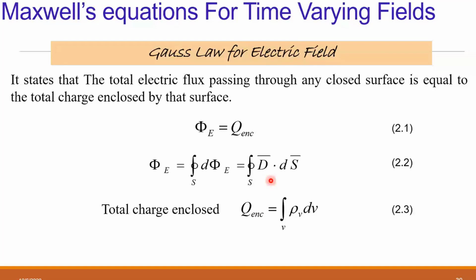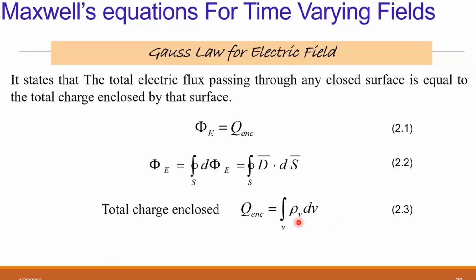So it is the volume integration of rho v into dv, where dv is the element of volume, and rho v is the volume charge density. Density multiplied by volume gives us charge. So Q enclosed is equal to the triple integration of rho v into dv, shown as integration over V, right?